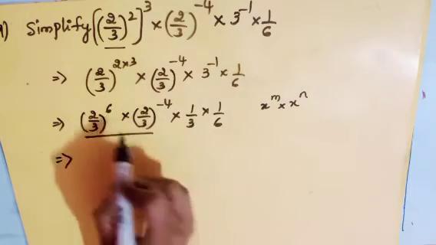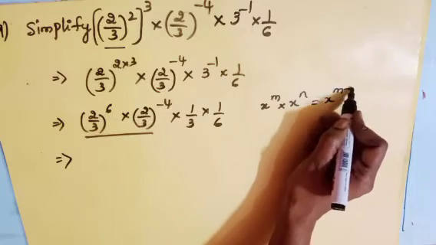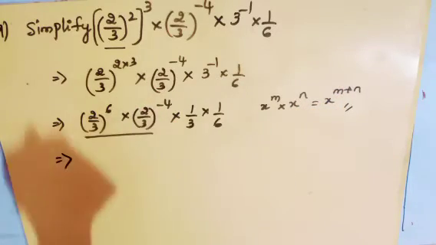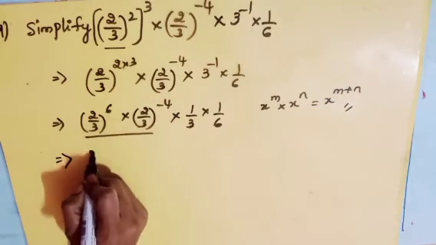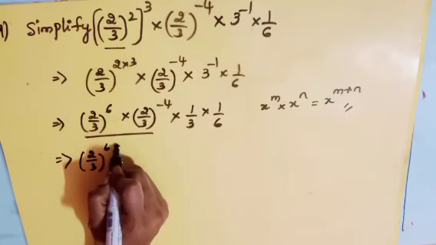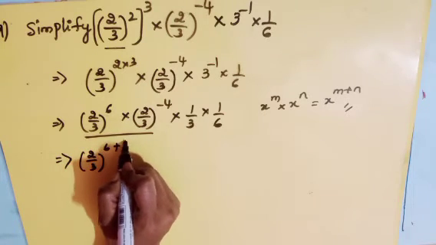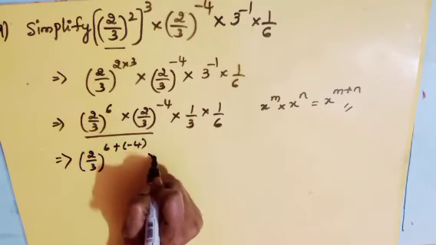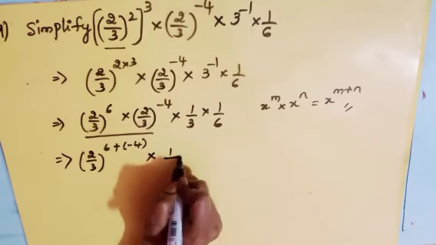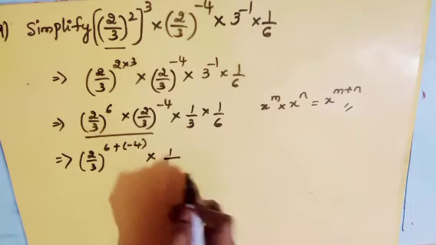That means when the bases are the same, we add the powers, x^(m+n). So we apply the first law: (2/3)^(6 + (-4)) times 1 by 3 times 6, that is 18.